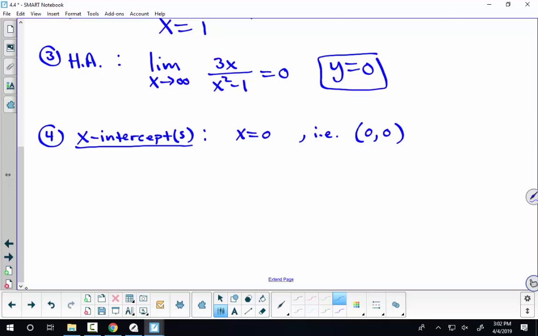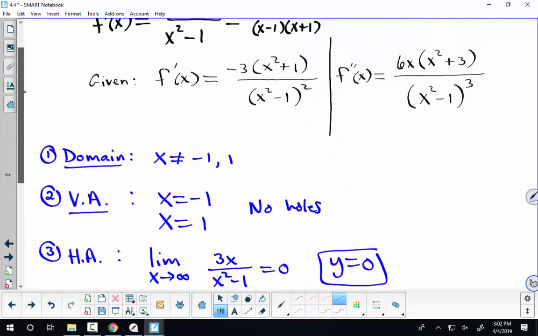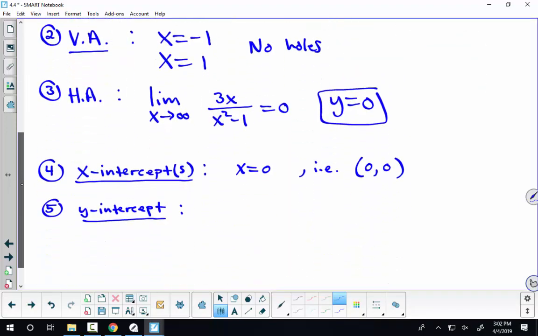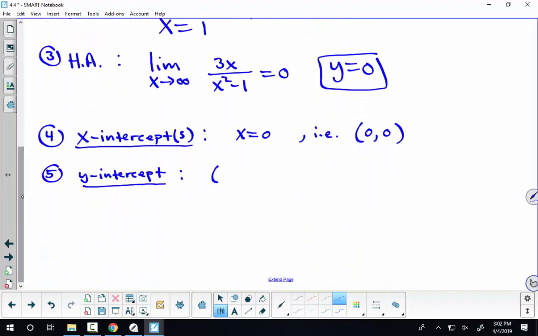How about the y-intercept? When x equals 0. Yeah, we just plug in x equals 0 into that function, which gives us 0. Fortunately, we didn't get a whole lot of information from those 2 points.